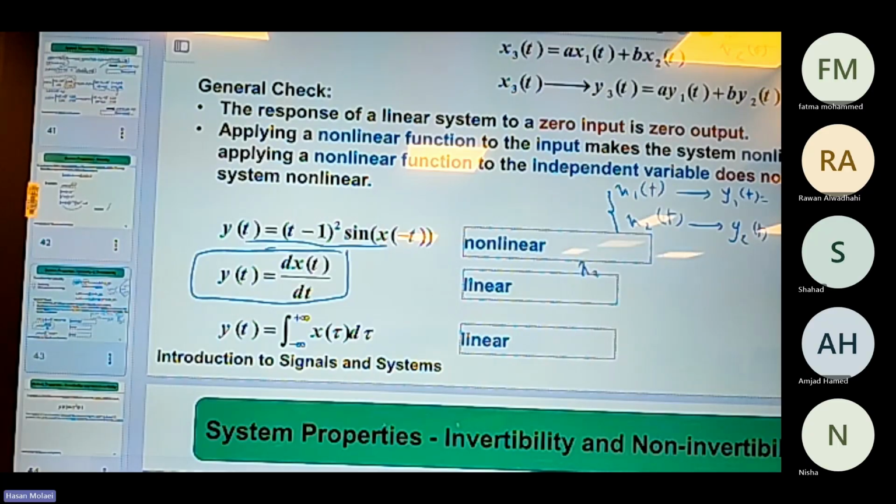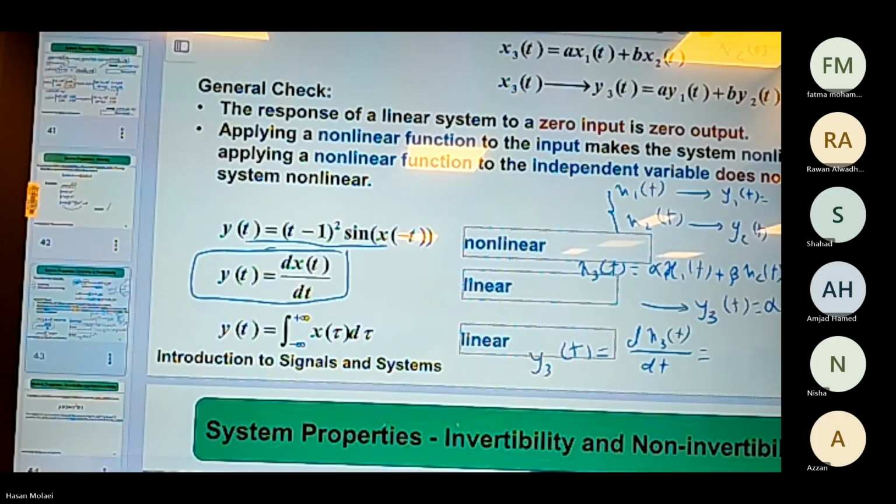Now, if I apply x3, which is alpha x1 plus beta x2, in this case it should be alpha y1 plus beta y2.